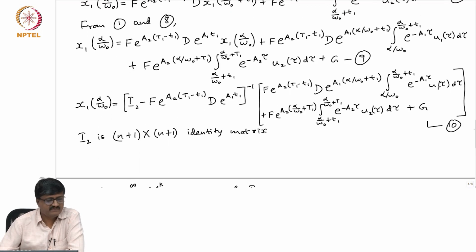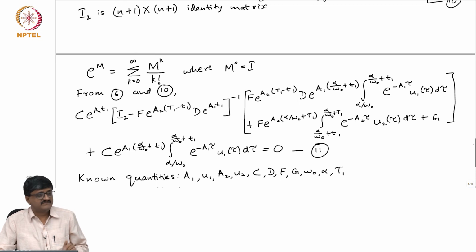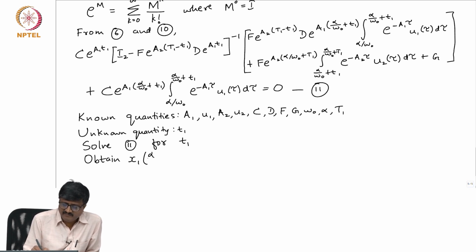Equation number 10, because 10 has all known quantities on the right hand side. But for using 10 you need T1, and T1 is obtained from 11. Once you know T1, obtain x1 at alpha by omega O using 10.